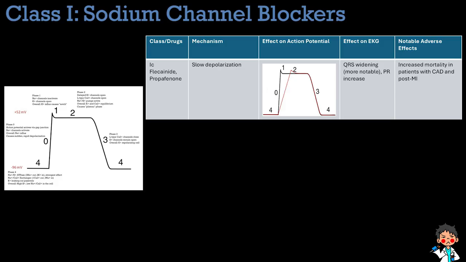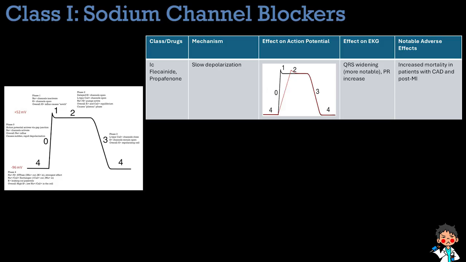If the electrical impulse travels too slowly around that, you increase the risk of, for example, one side of the damaged tissue finishing its refractory period before the other side even finishes traveling. So when that slower side finishes traveling over, it might reach the tissue that just finished its refractory period and therefore cause a re-entry circuit.